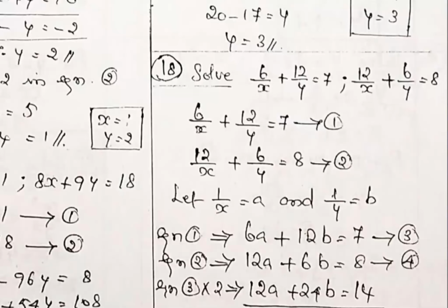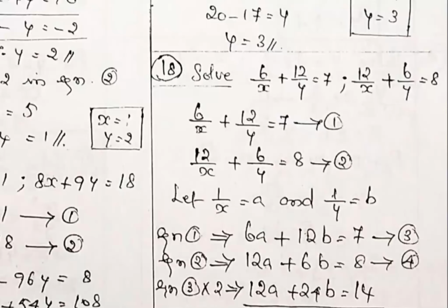The previous idea you can also follow here. Denominators x, y are available, so you multiply equation 1 by xy. Similarly, the second equation multiplied by xy. That is one method, the normal method.